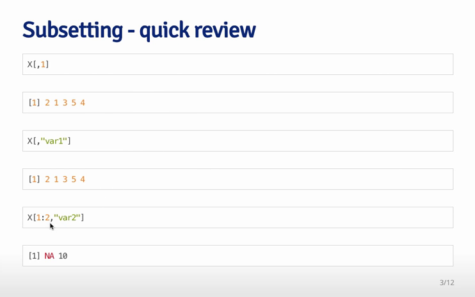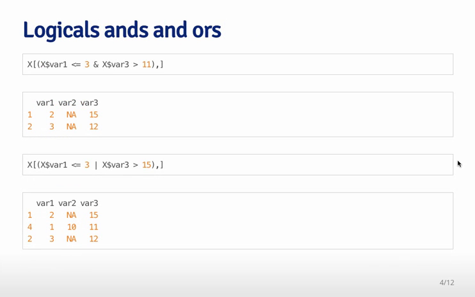I can subset by both rows and columns at the same time. So for example, this command here, x open bracket 1 colon 2 comma var2, will output the first two rows of x and the second column of x. So you can subset both on rows and columns at the same time.